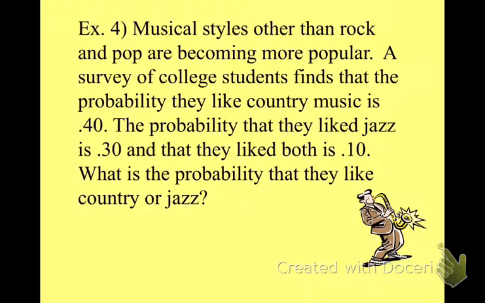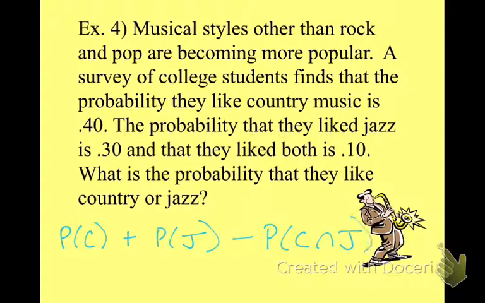What is the probability that they like country or jazz? So you would take the probability of country plus the probability of jazz minus the probability of country and jazz. So you would take 0.4 plus 0.3 minus 0.1, which gives you 0.6.